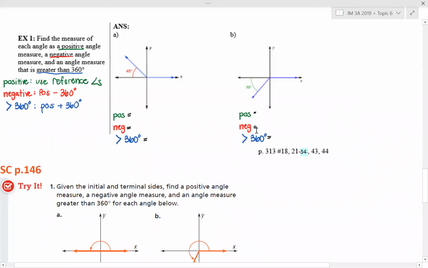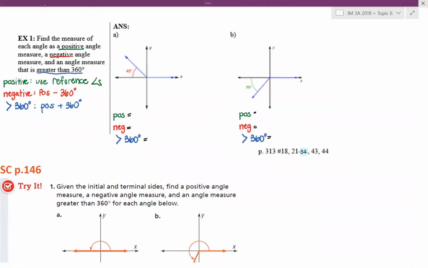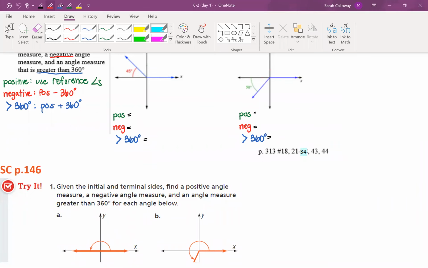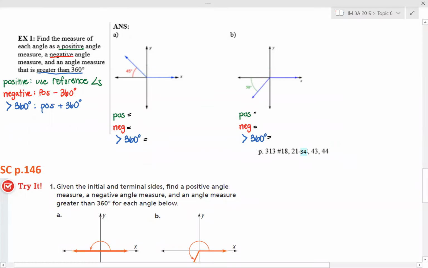So for these ones, we've got an angle drawn where we essentially have a reference angle. So in the diagram, if I have this angle with a 45-degree reference angle, the positive angle is going to be the value that I get using a reference angle formula.